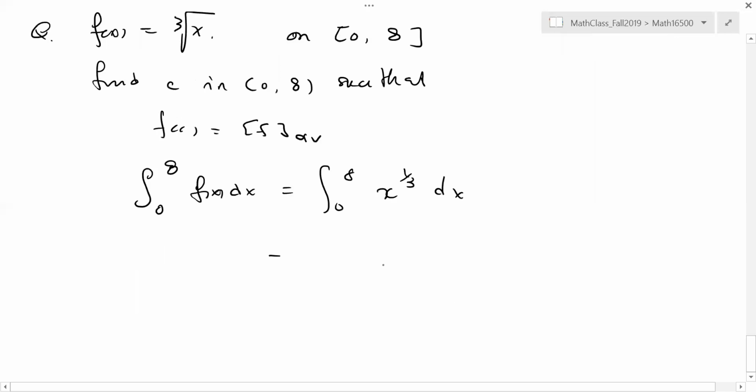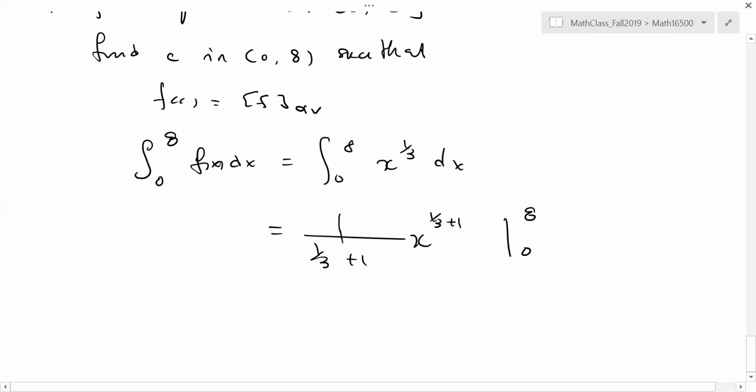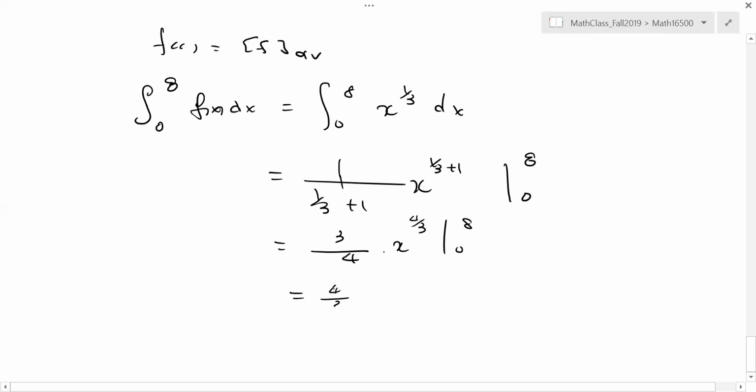So the antiderivative is 3/4 x to the 4/3, and all you have to do is plug in 8 for x.